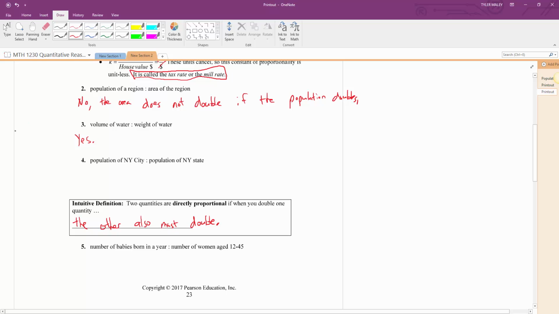So 1 cubic foot of water is going to have some weight in pounds. So if I double this, have 2 cubic feet of water, this will also double in weight. If you think about that phenomenon, that makes sense. That would be proportional. So that would be yes.